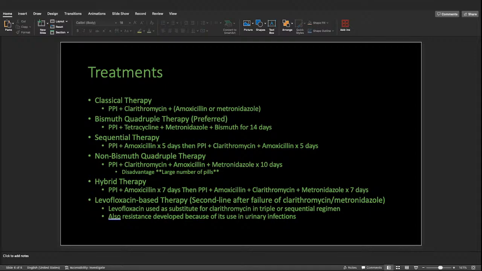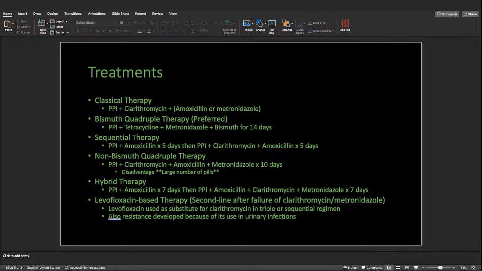So they looked more into this. More studies were conducted, and they showed that bismuth quadruple therapy was the preferred first-line agent in this case because it bypasses the resistance to clarithromycin.